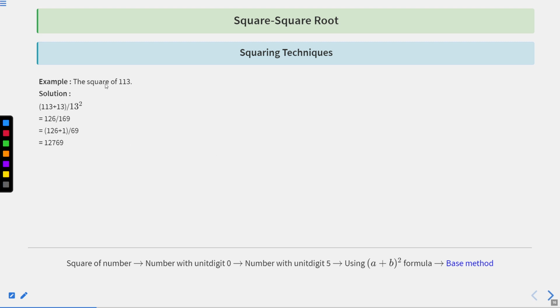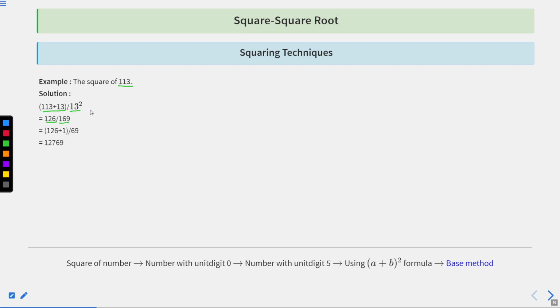Now, if you want to find the square of 113, first of all, see how far 113 is from 100. So it is 13 units away. So we will write 113 plus 13 upon 13 square. So 113 plus 13 will be 126. 13 square is 169. And you now see why I asked you to remember all the squares from 1 to 20, because some of these will be used very frequently while calculating the square of bigger numbers.